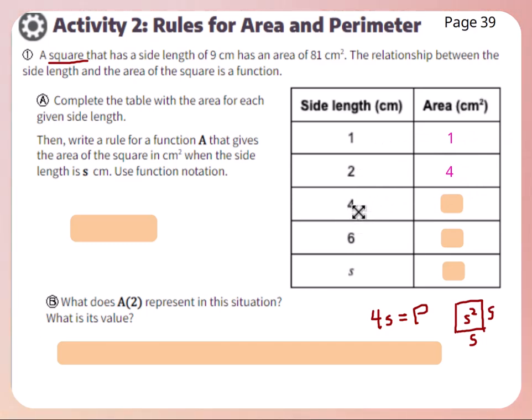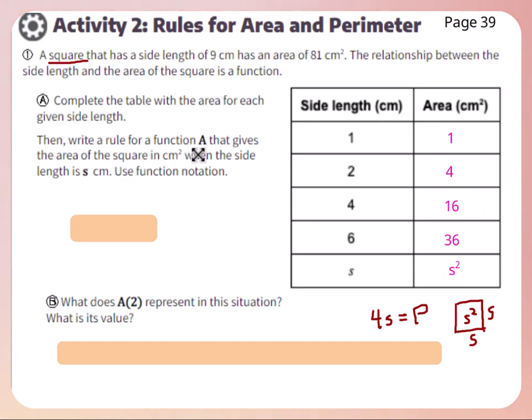Now if the side length is 4, the area is going to be 4 times 4, or 16. Continue with the side length of 6. The area is going to be 6 times 6, or 36. And if the side length is S, like I've labeled it here, the area is going to be S times S, or S squared.